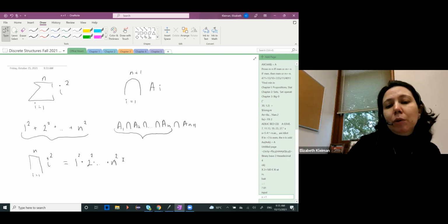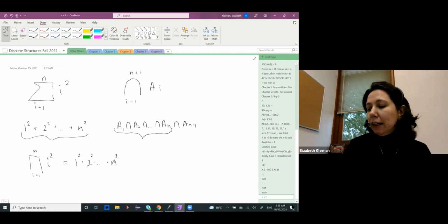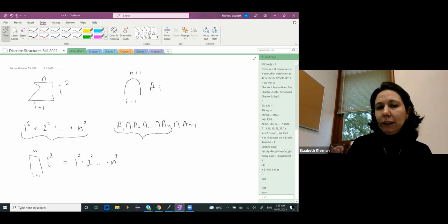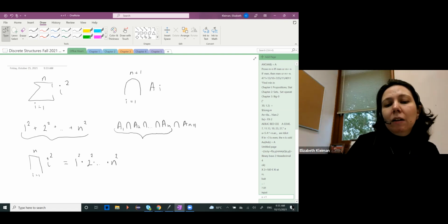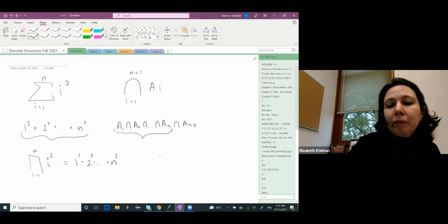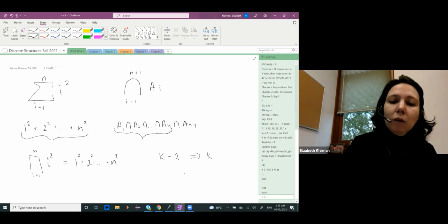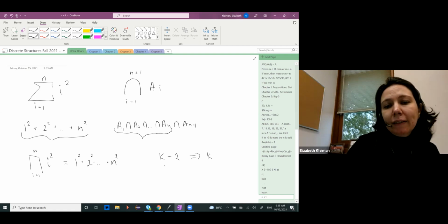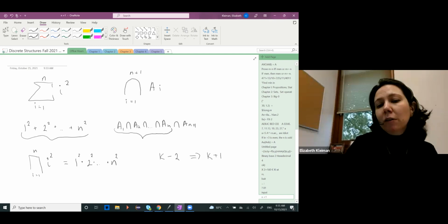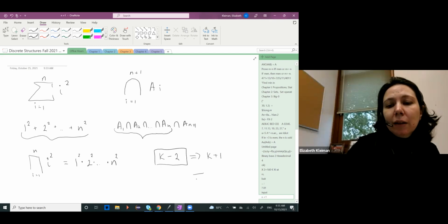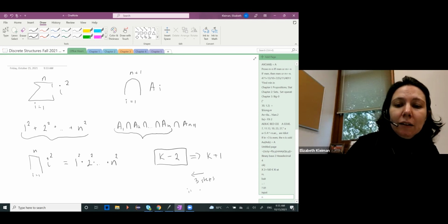Another important note is if you are using something like k minus 2 to show something for k, or actually to show something for k plus 1, you need to make sure you cover 3 steps back in the base case.